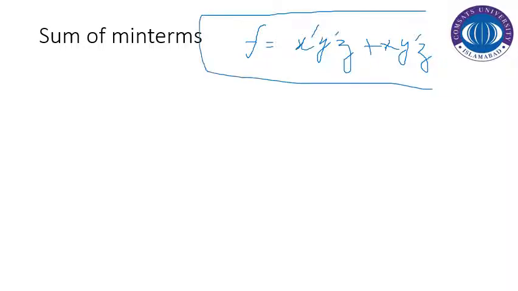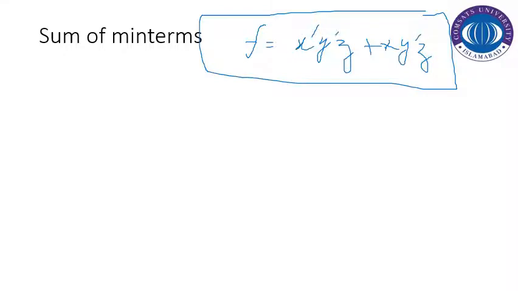For example, we've got a function f that is equal to x prime, y prime, z, or x, y prime, z. So here you can see that in this particular Boolean function, we've got two product terms.